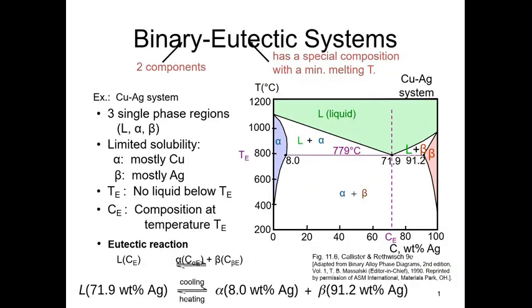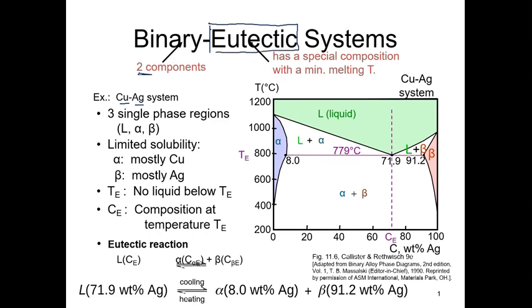Okay, next we look at the binary eutectic system. Binary, as I mentioned before, is when you have two components, such as the copper and argentum system. So you have two components, that's why we term it binary. The new term here is eutectic.